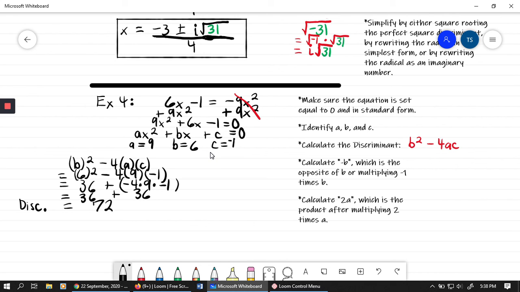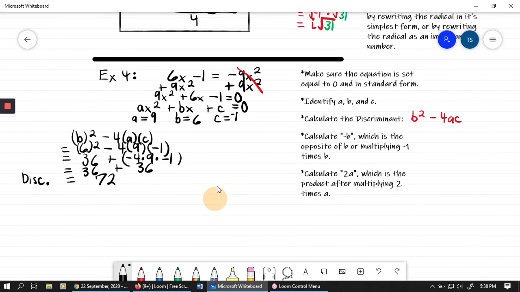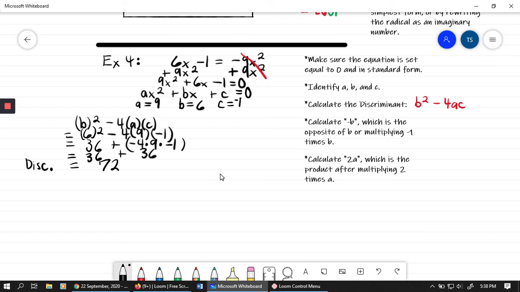So we've got our discriminant. Let's calculate the opposite of b, negative b. It's like we're multiplying -1 times that number, and so the opposite of b is -6.